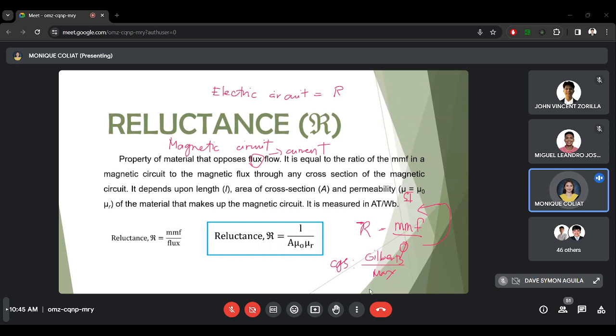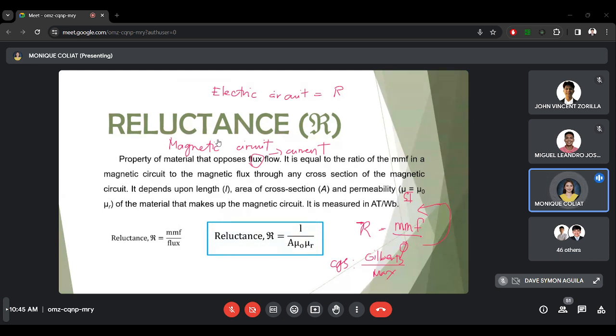Phi yung nag-flow dito and yung nag-o-oppose ng flux flow is the reluctance. So, that is the difference between electric circuit and magnetic circuit. In magnetic circuit, the flux is the one flowing, and in electric circuit, it is the current.